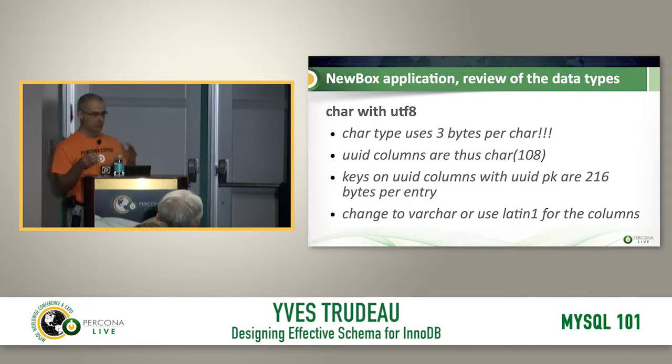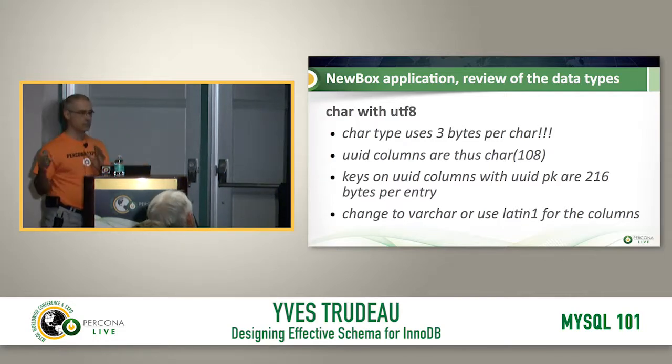It's not visible, but MySQL will pad up to 108. It has to, because it cannot assume that you will not be using 3 bytes for all the characters. So that's the first problem.